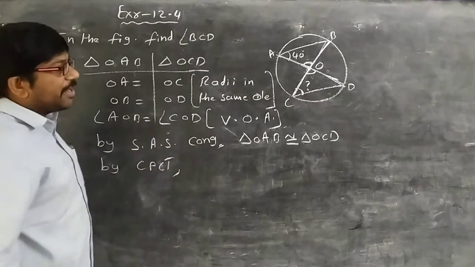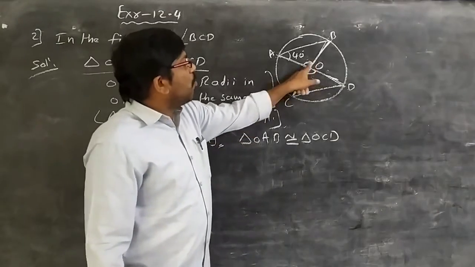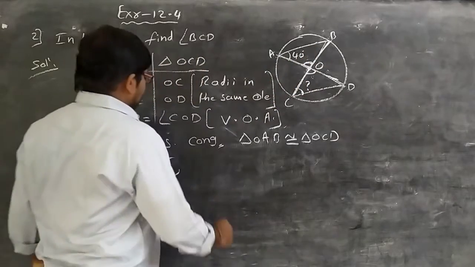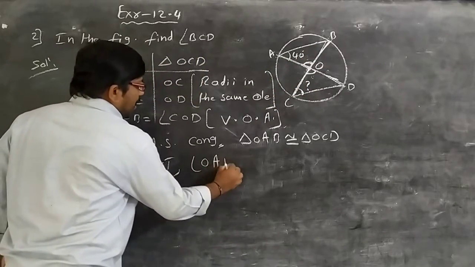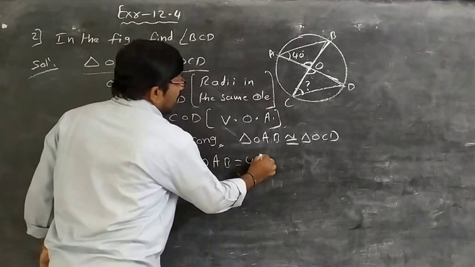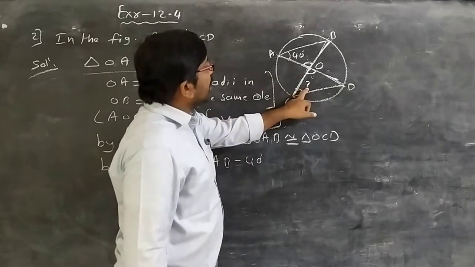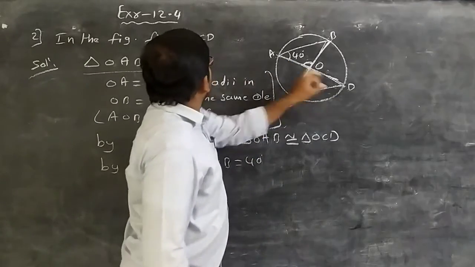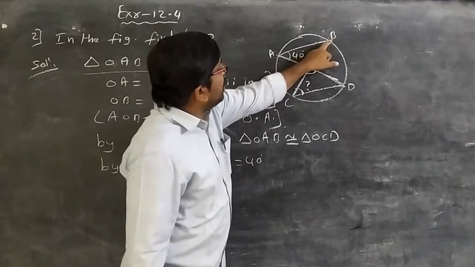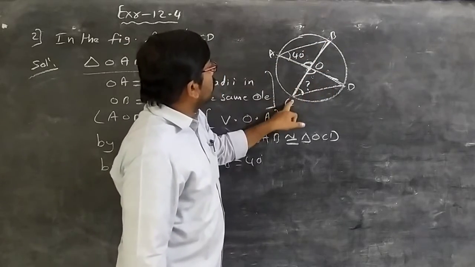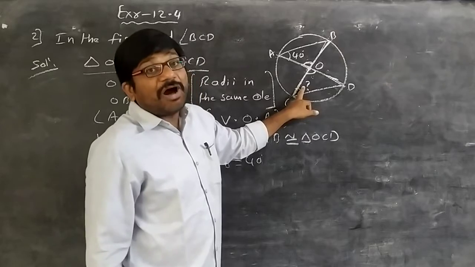corresponding parts of congruent triangles, angle OAB is 40, so its corresponding angle OCD is also 40 degrees.